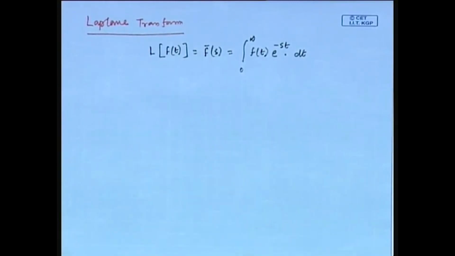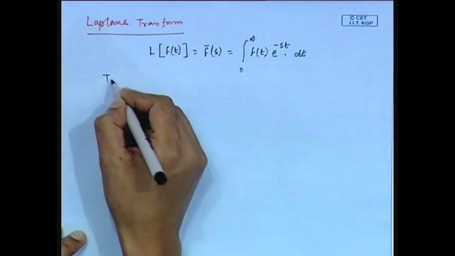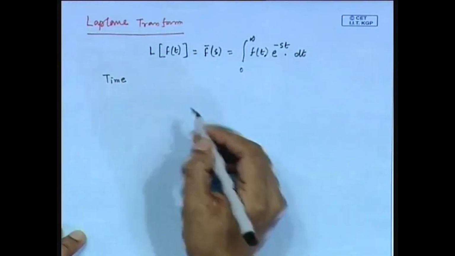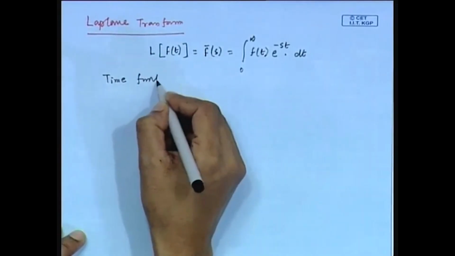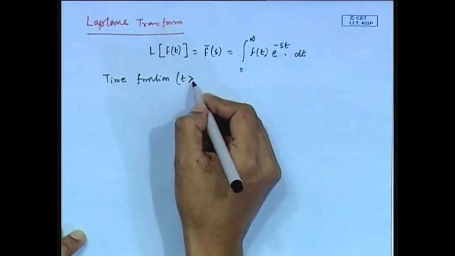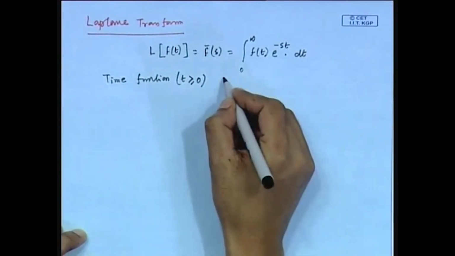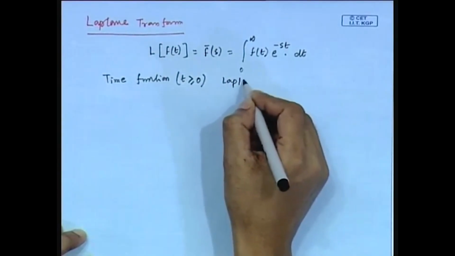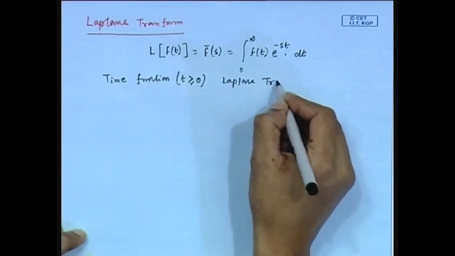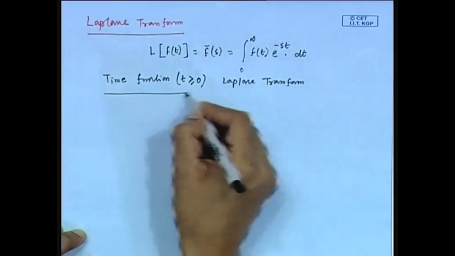This is a standard formula. Now, we will just write the formula in terms of time function, where time t is greater than or equal to 0, and the Laplace transform of those functions.